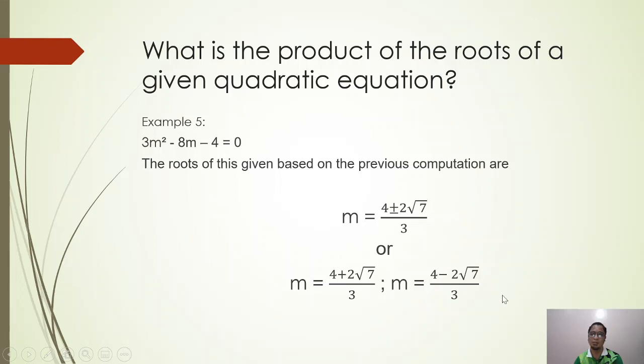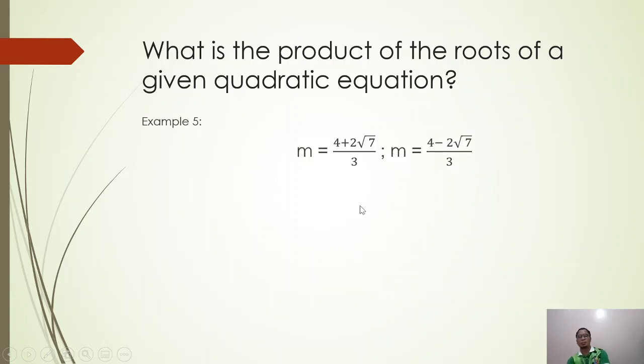Ngayon, ang pinag-uusapan natin dito, product, kanina inadd natin kasi sum. In this case, magmumultiply tayo. Kung ganito po yung given natin, ano ba yung rule natin sa multiplying fraction? Wala tayong pakialam kung similar or dissimilar po yung fraction natin.